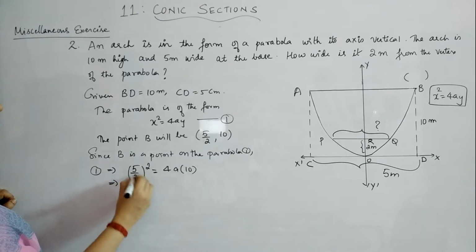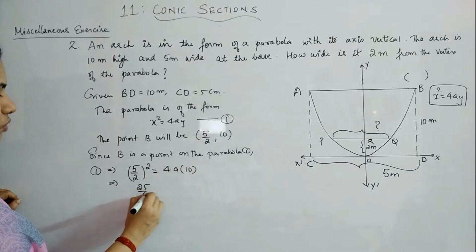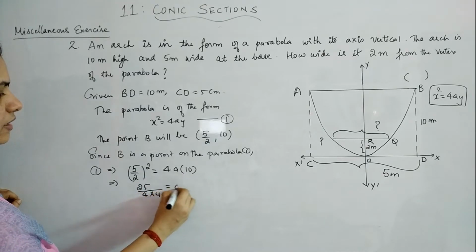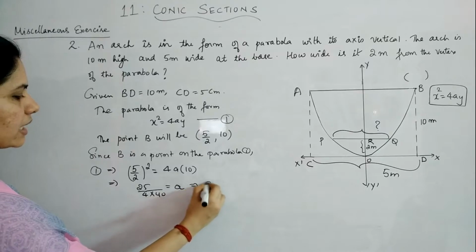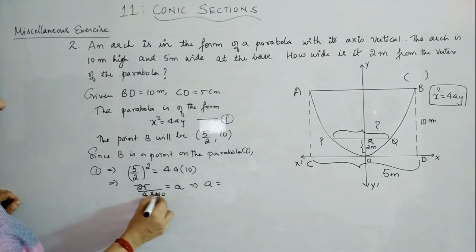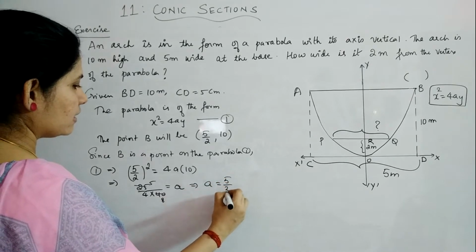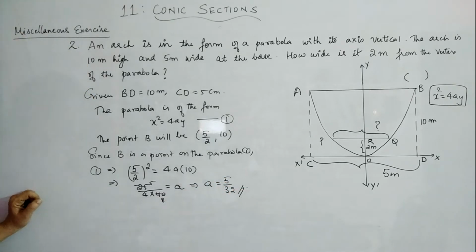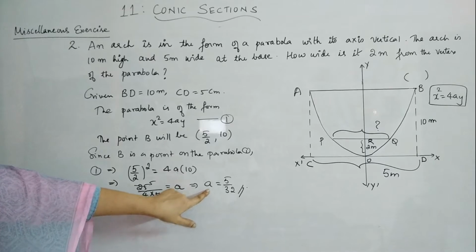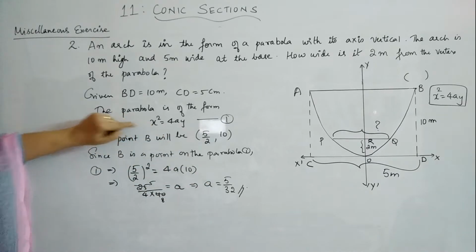So that you will get this as 25 by 4, which will come as 40 into A. So that A will be equal to 5 by 32 will be the value of A.